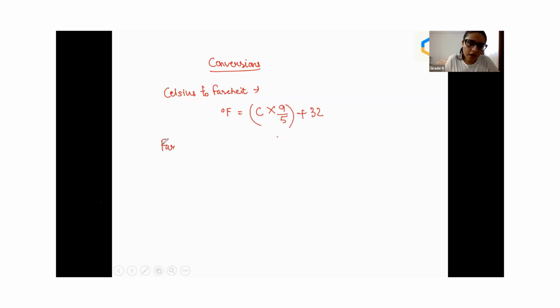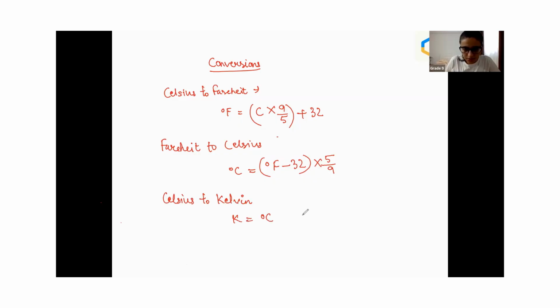Then from Fahrenheit to Celsius, the formula is degree Celsius is equal to degree F minus 32 times 5 upon 9. And now the most important one, Celsius to Kelvin.